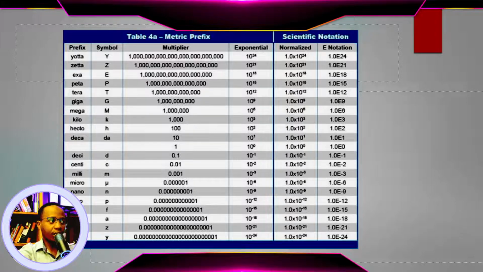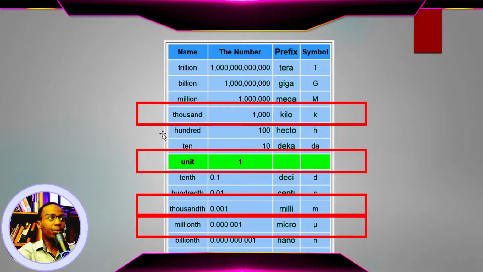And again, for this class, the central unit can be either liters, meters, or grams. That's volume, distance, and mass. Then I want you to know kiloliters, kilometers, kilograms, which is 1,000 times the base unit.